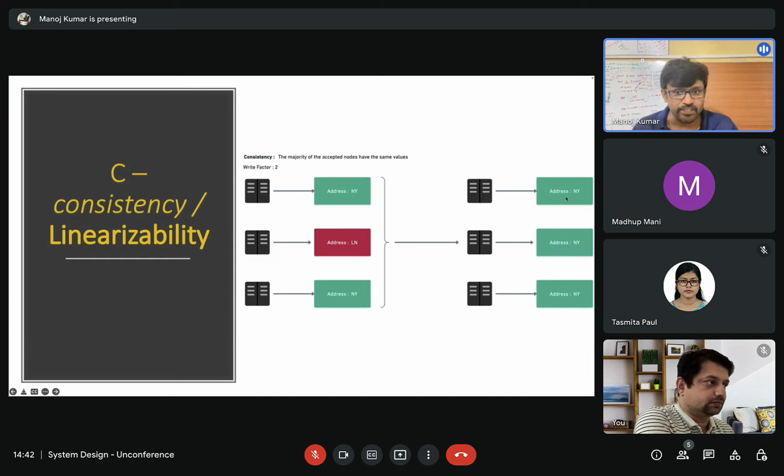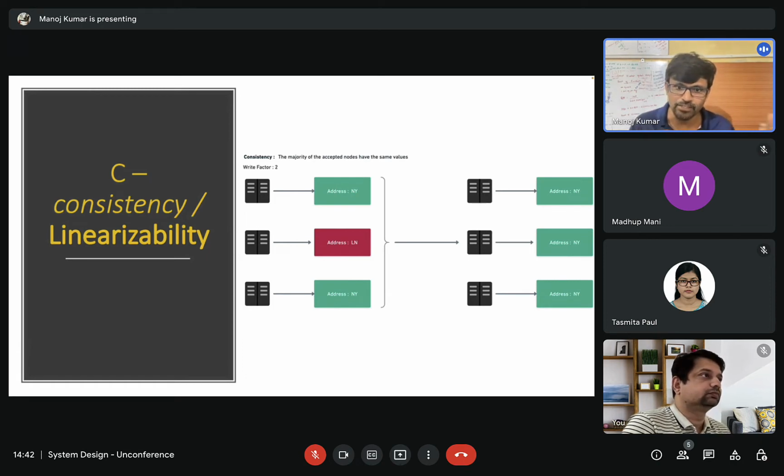Linearizability is very much connected with consistency. Once we say linearizable, a lot of other things come under it. I would show you the diagram of that.